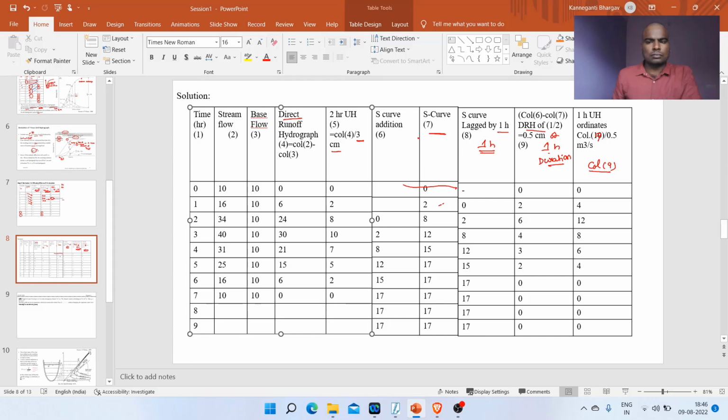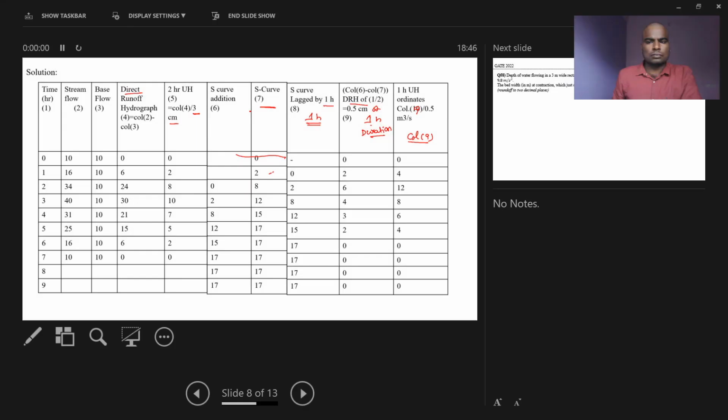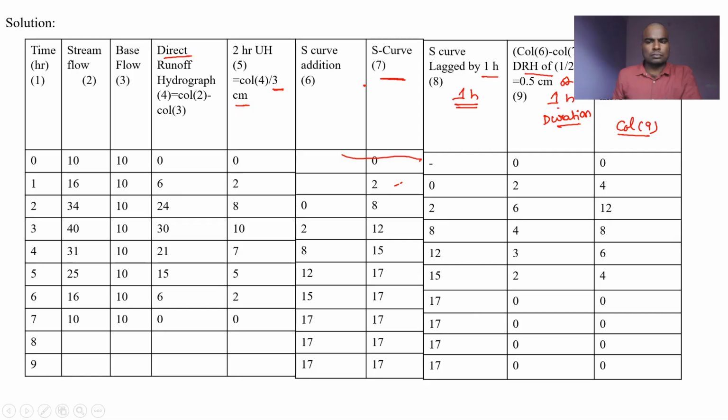You subtract the ordinates of the 2 hour unit hydrograph only. 0 minus 2, how much is the difference? 2. 2 minus 8, how much is the difference? 6. 10 minus 8, how much is the difference? Similarly other steps. So observe what is the maximum difference you got here?